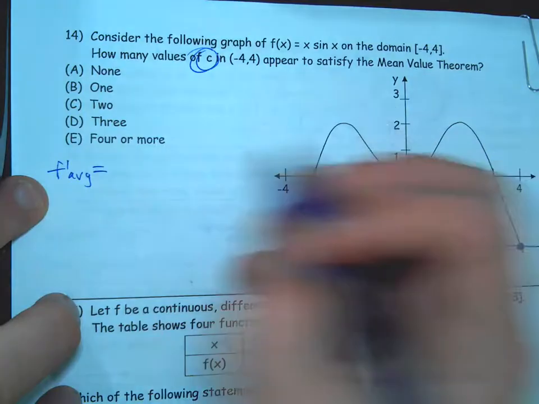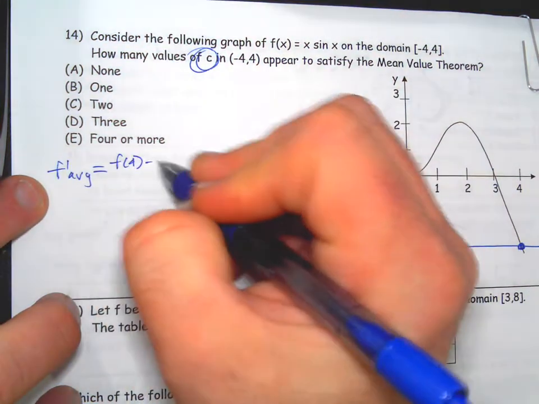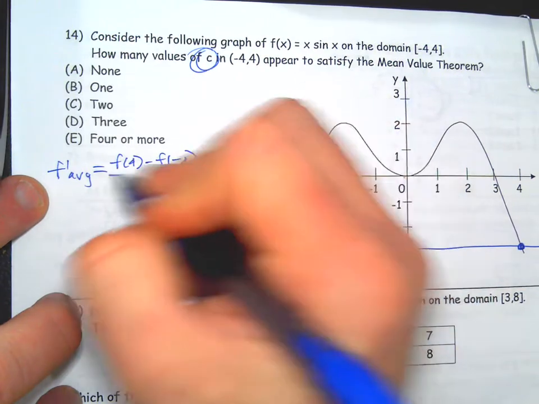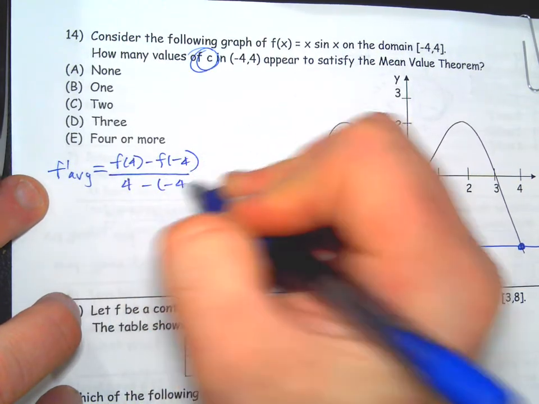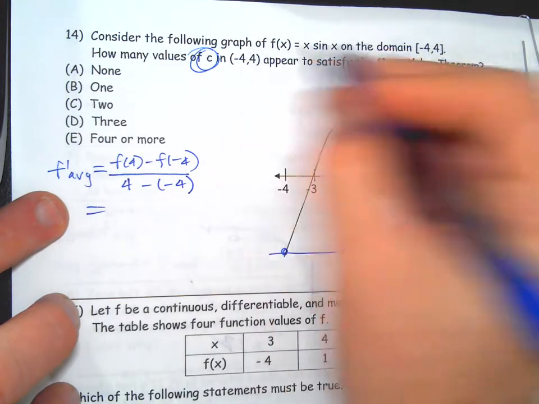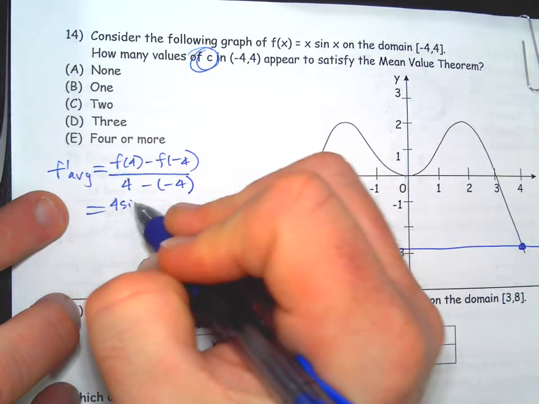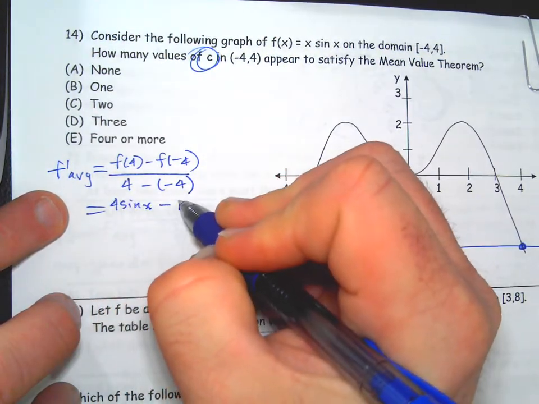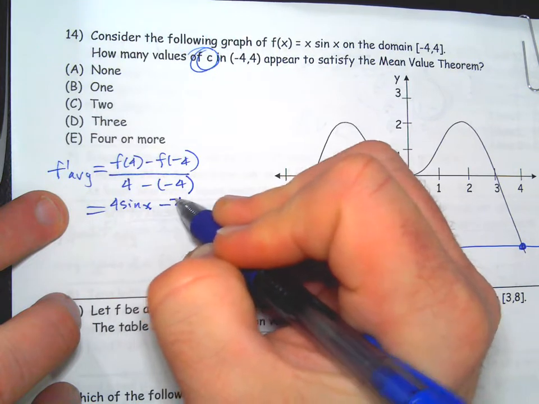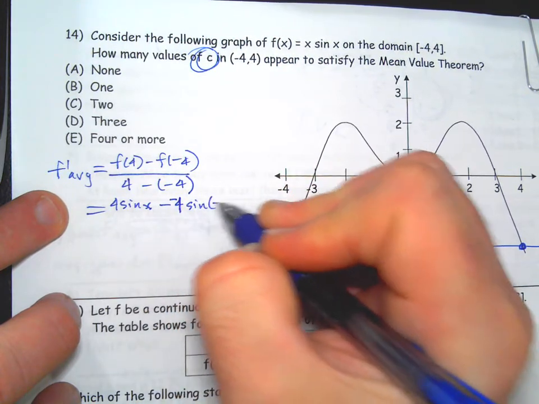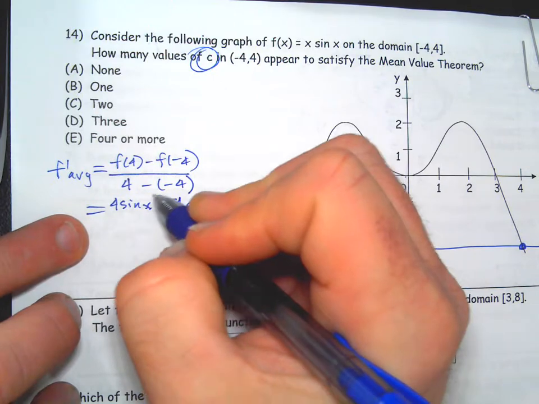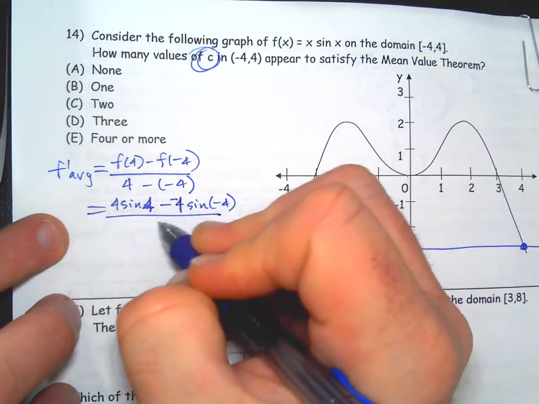And f average would be f of 4 minus f of negative 4, over 4 minus negative 4. And if you plug 4 in here, it's going to be 4 sine 4 minus negative 4 sine negative 4, over 8.